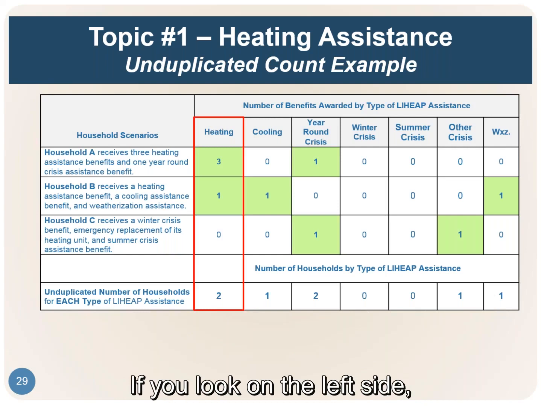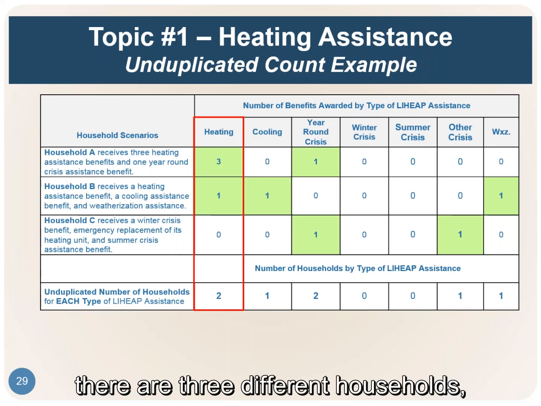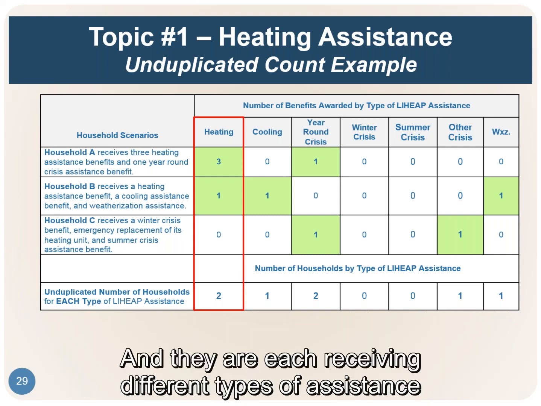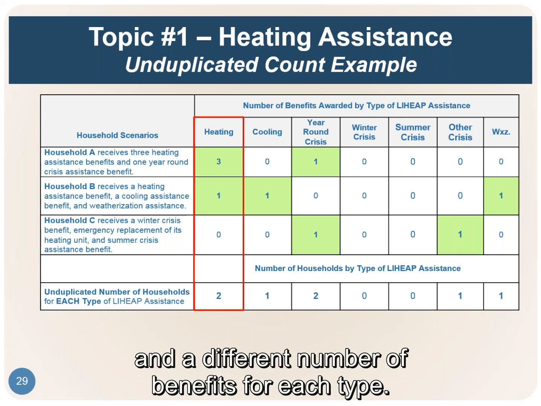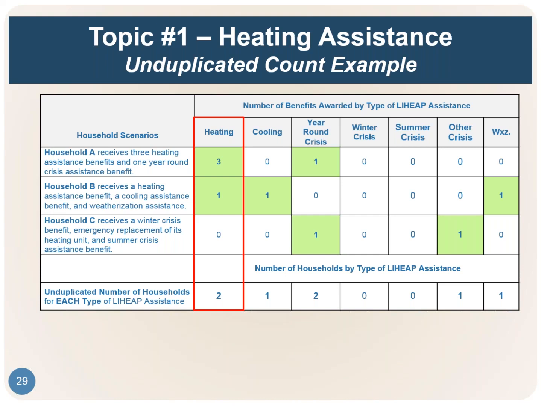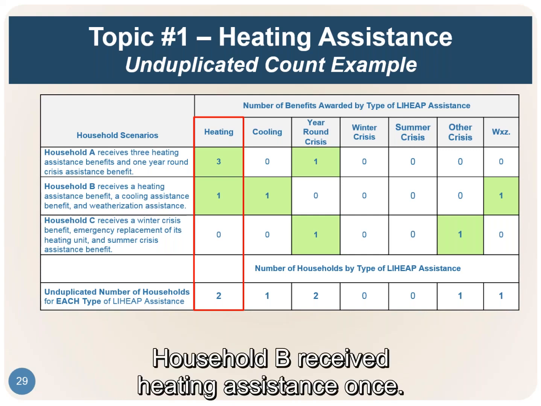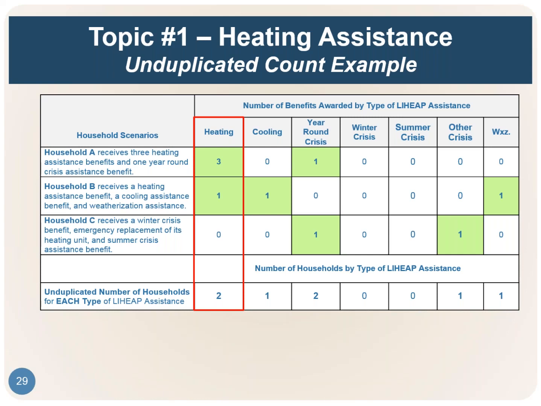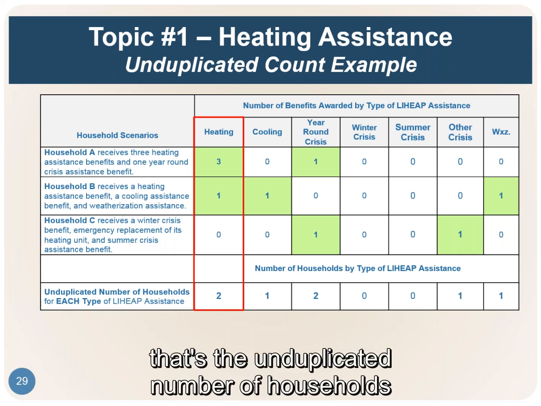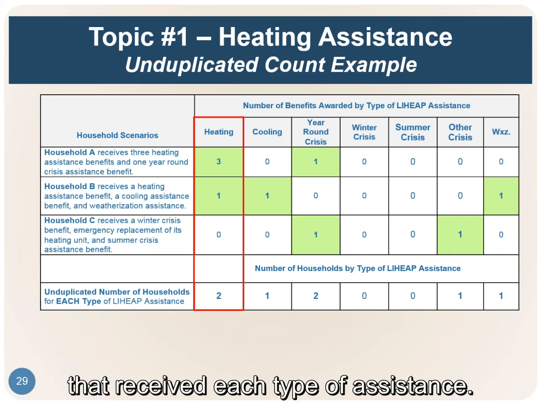If you look on the left side, there are 3 different households: household A, household B, household C. And they're each receiving different types of assistance and different number of benefits for each type. Household A got heating assistance 3 times during the fiscal year. Household B received heating assistance once. If you look down at the bottom at that last row, that's the unduplicated number of households that received each type of assistance.